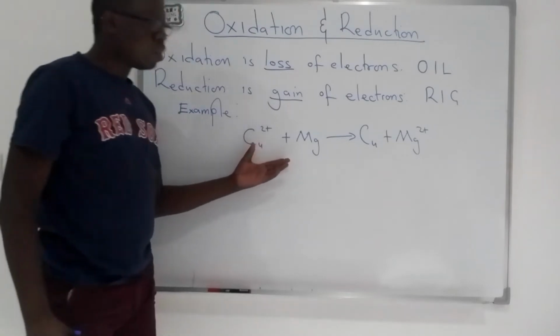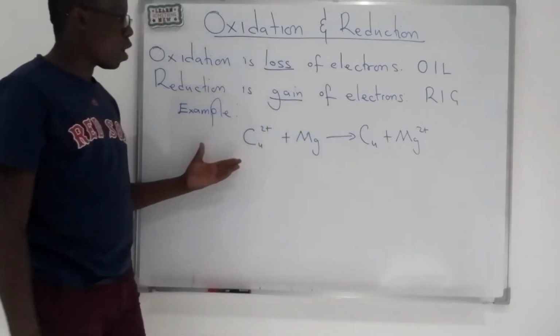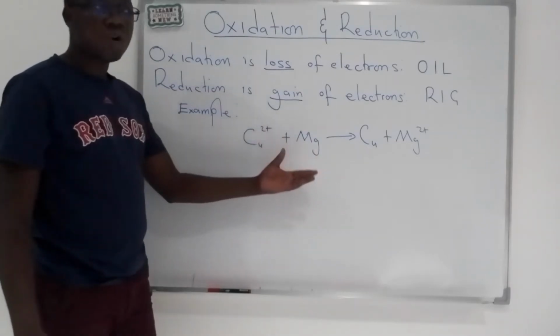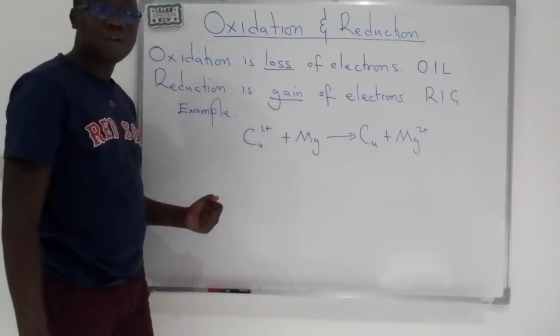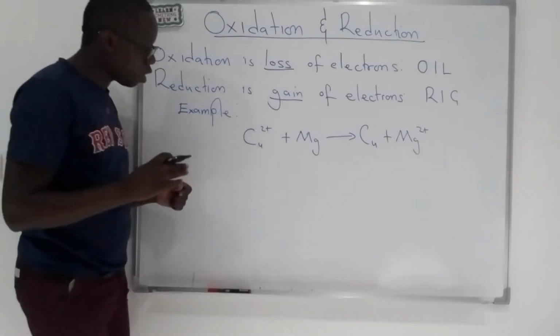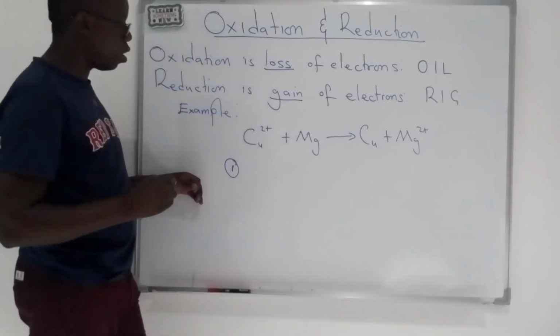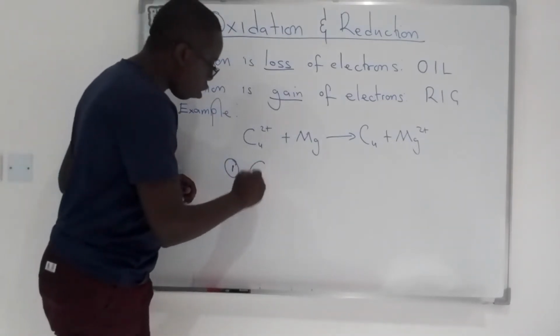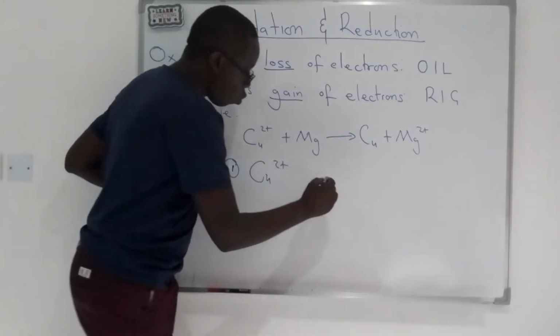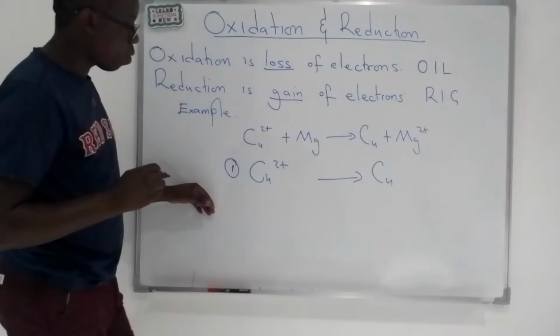We have this example, and we want to use it to identify which one has been oxidized and which one has been reduced. Now, the best thing to do as you identify which one has been oxidized and reduced, you separate the two equations. So we have copper ion, which is becoming copper atom there.